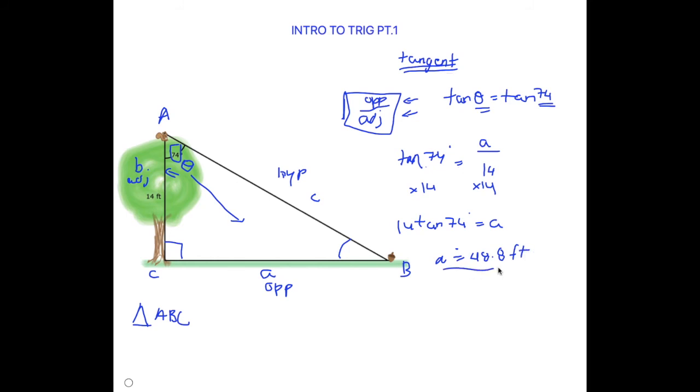So what this tells us is the length of CB, or length A, is 48.8 feet.